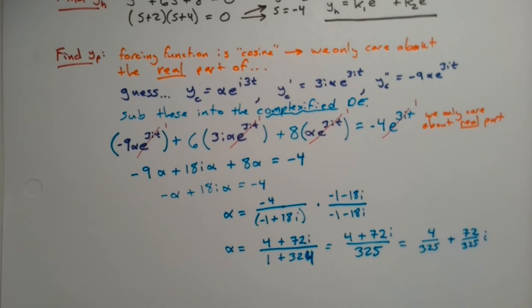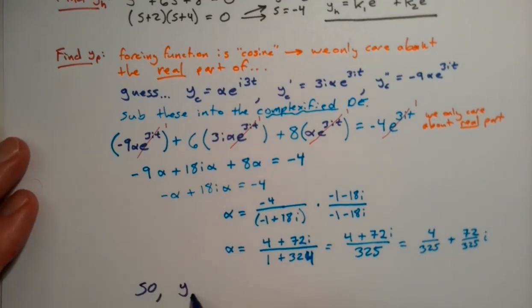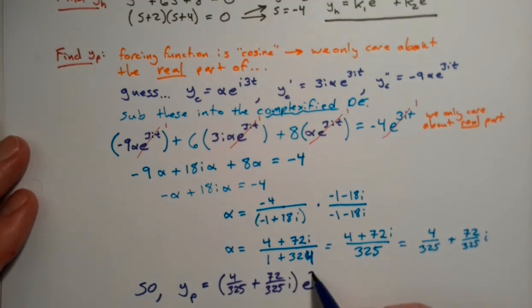So now that I have that, that means that I can write my particular solution. So down here, I'm going to go back to the purple and say, this means that my particular solution is going to be that alpha value times e to the 3it.